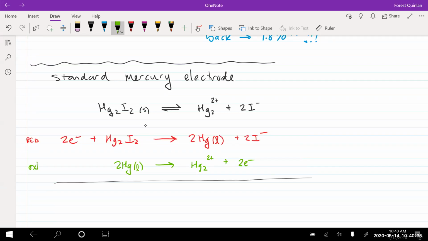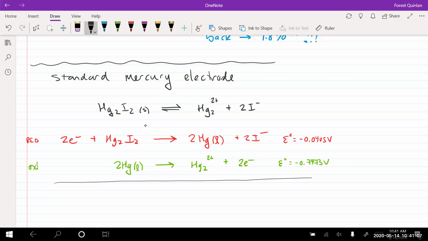So if you go there, you find that the E naught for this one is negative 0.0405 volts. And the voltage for the oxidation one is negative 0.7973 volts.